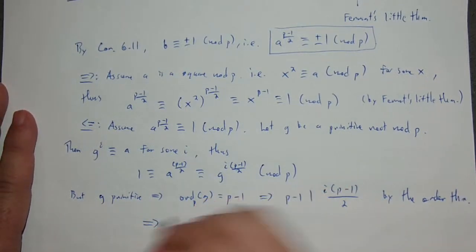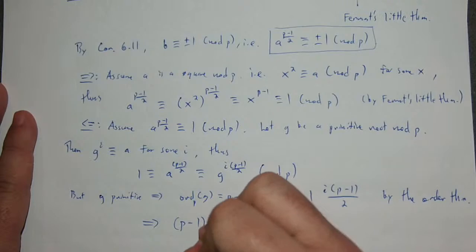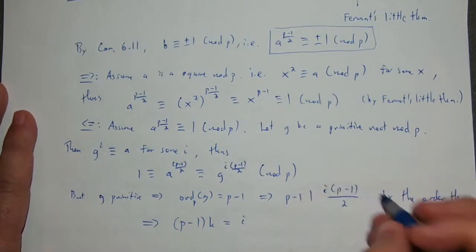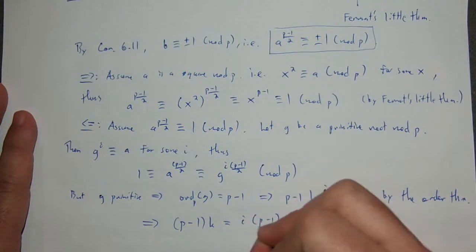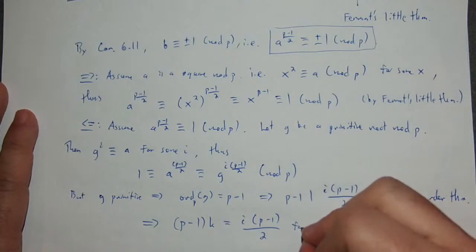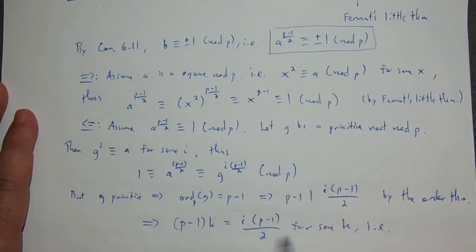Just reading off the definition, this means that p minus 1 times k is equal to i times p minus 1 over 2 for some k. Since the p minus 1s are the same here, i is equal to 2k. It's even, right?